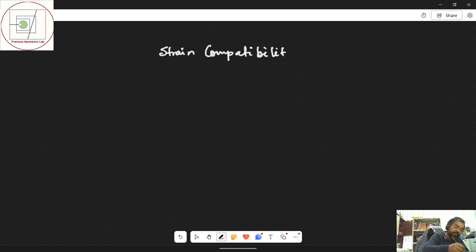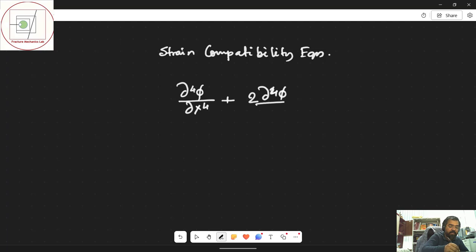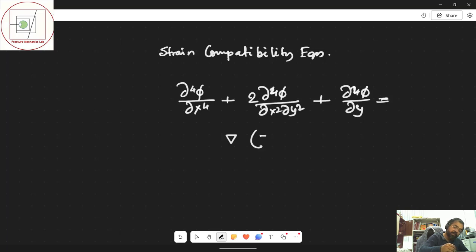The compatibility equation can simply be written as del 4 phi by del x 4 plus 2 del 4 phi by del x square del y square plus del 4 phi by del y 4 equals 0, and it is also written as nabla 4 phi equals 0.